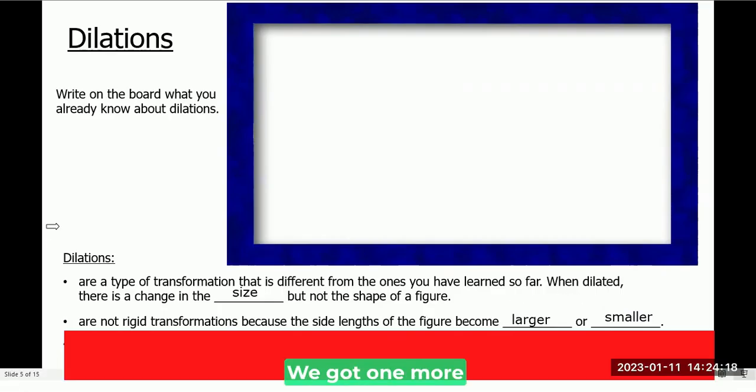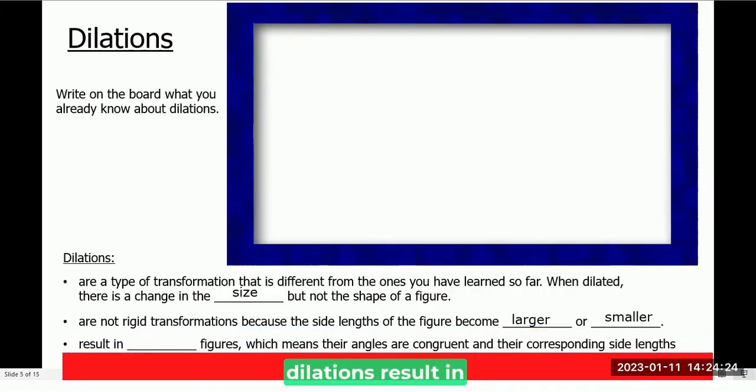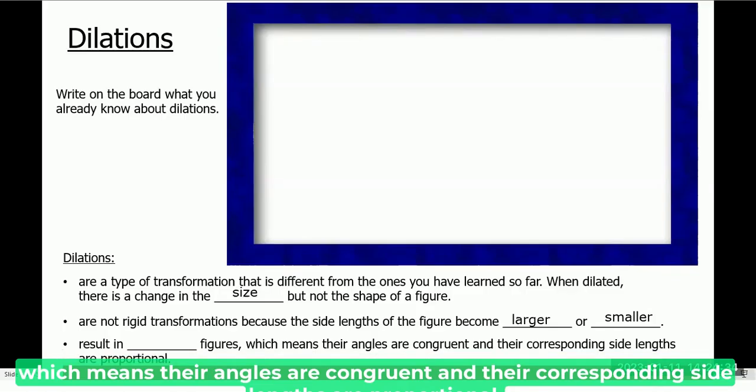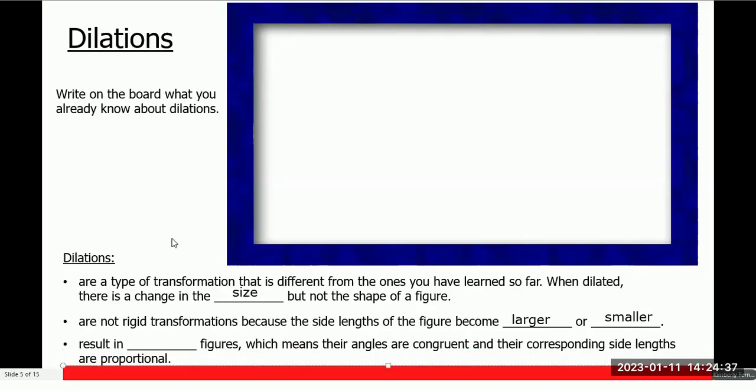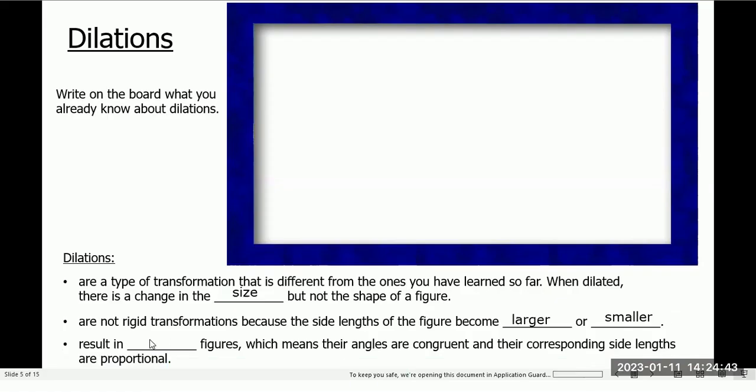I've got one more fact about dilations. Dilations result in blank figures, which means their angles are congruent and their corresponding side lengths are proportional. So what type of figures are those?